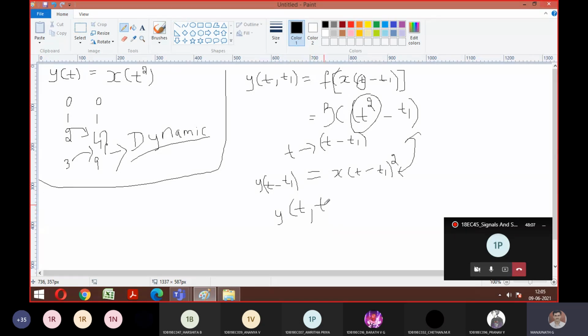Don't tell the answer blindly. Wherever t is there in x of t, there should be variation. So this is not equal to y of t minus t1. I hope everyone understood the logic now. Hence we can conclude the system is time variant. Is it okay to everyone till here? Shall we proceed?